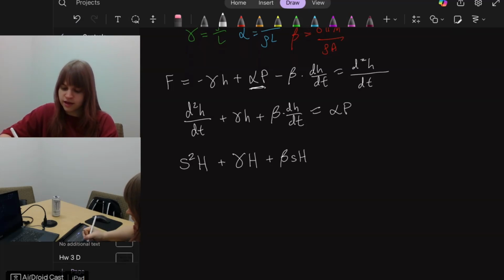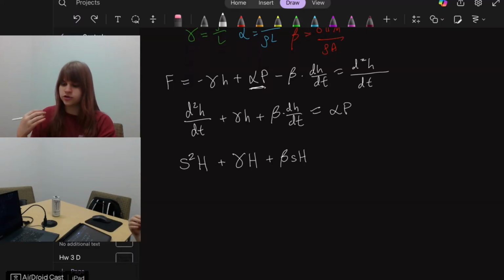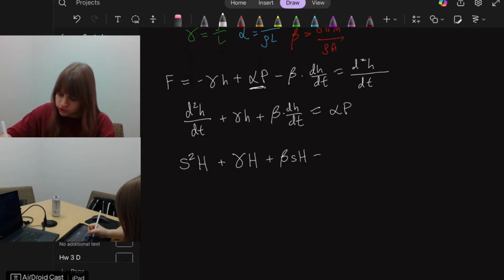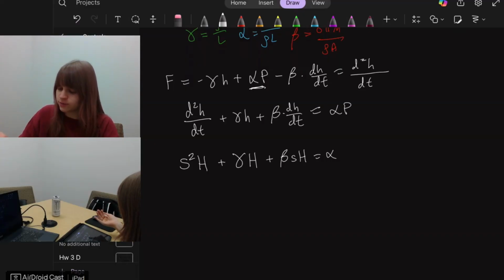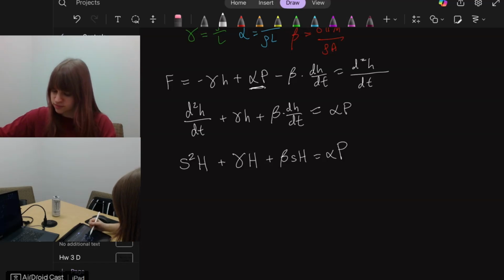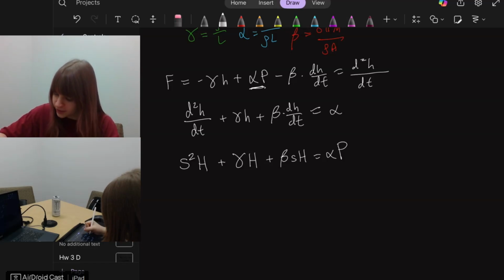Remember that this is s squared on the left because that was a second order derivative. And this is still equal to alpha P, but the P is in the Laplace domain, so the P I have above is already a capital P, so I'm just going to make it bigger, but just know that it is now in the Laplace domain.